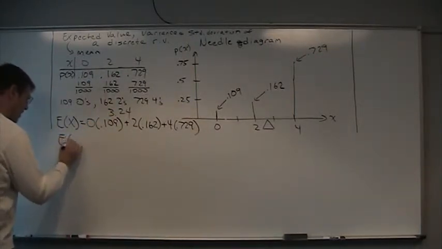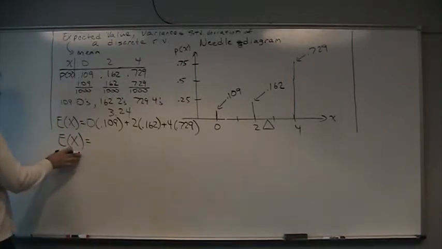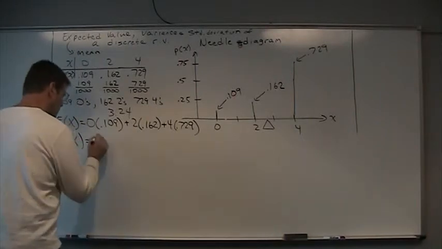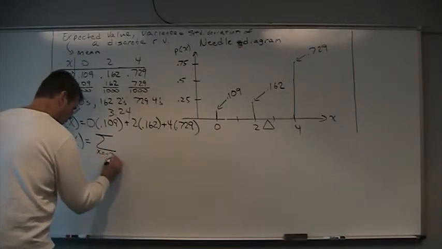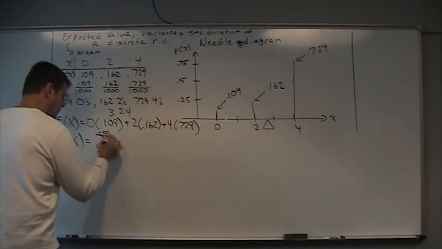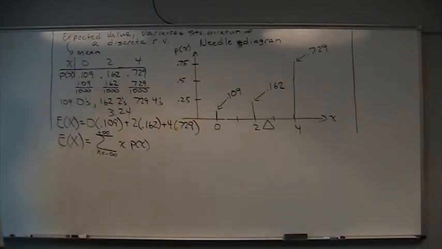And so generalizing here, the expected value or mean, capital E of x, is equal to the sum, x goes from negative infinity to positive infinity, of x times p of x, and just recognize that we're going to add up the products that are relevant to the random variable we've got.